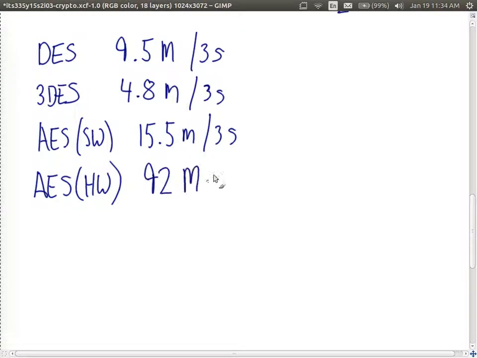You see a big jump in speed here. It's almost 6 times faster than the same algorithm implemented just in software, and 10 times faster than DES. So AES, because it's so widely used, now has hardware support, and many devices can now encrypt using hardware, which makes AES very fast.